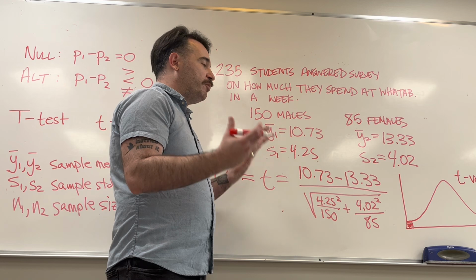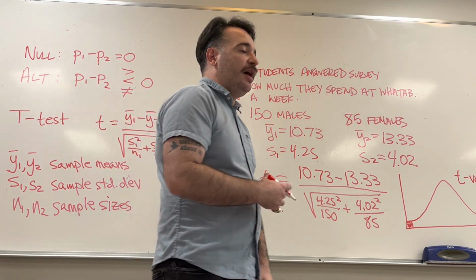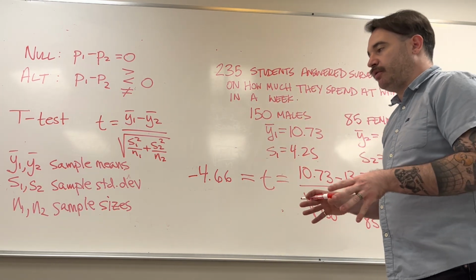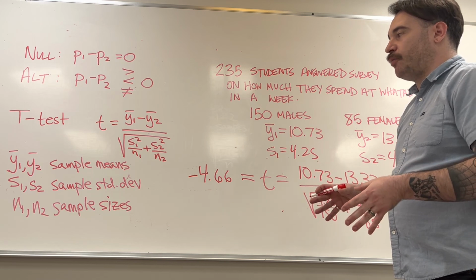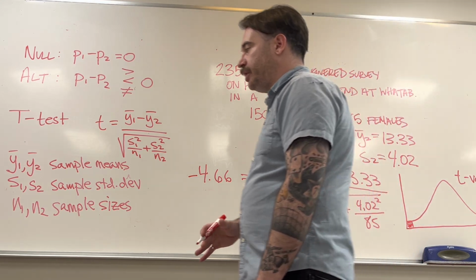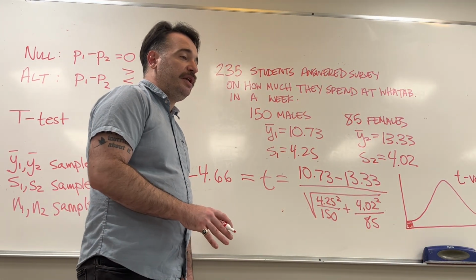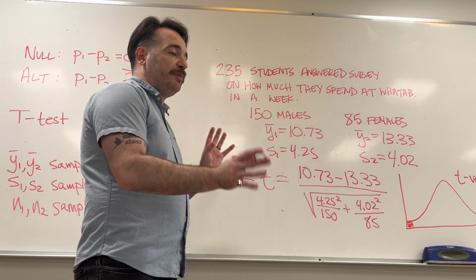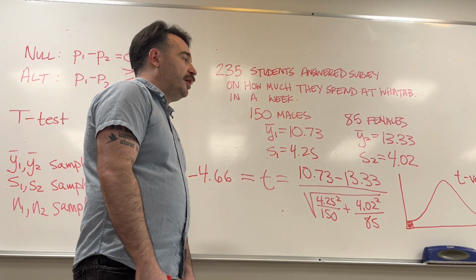So what we can conclude is that we can definitely reject the null hypothesis. Males and females, if we separate those into 2 different groups, they spend differing amounts of money at Whataburger. This sample is so infrequent that it definitely suggests something is going on here, something is peculiar that makes one group spend more money at Whataburger than the other group.